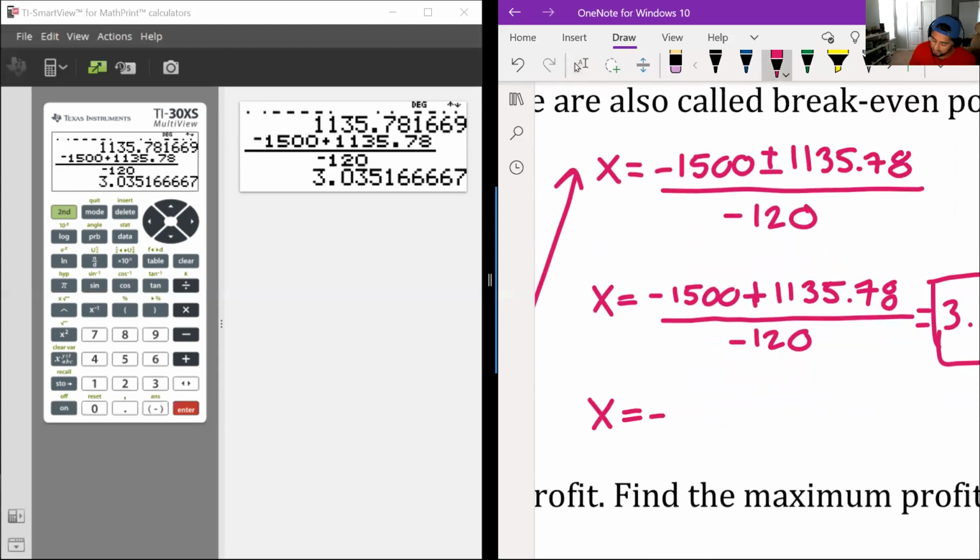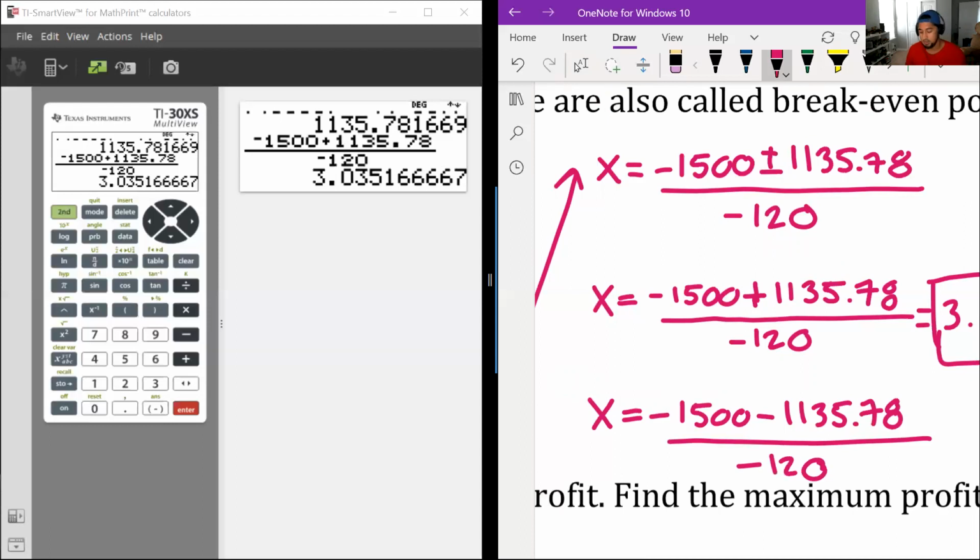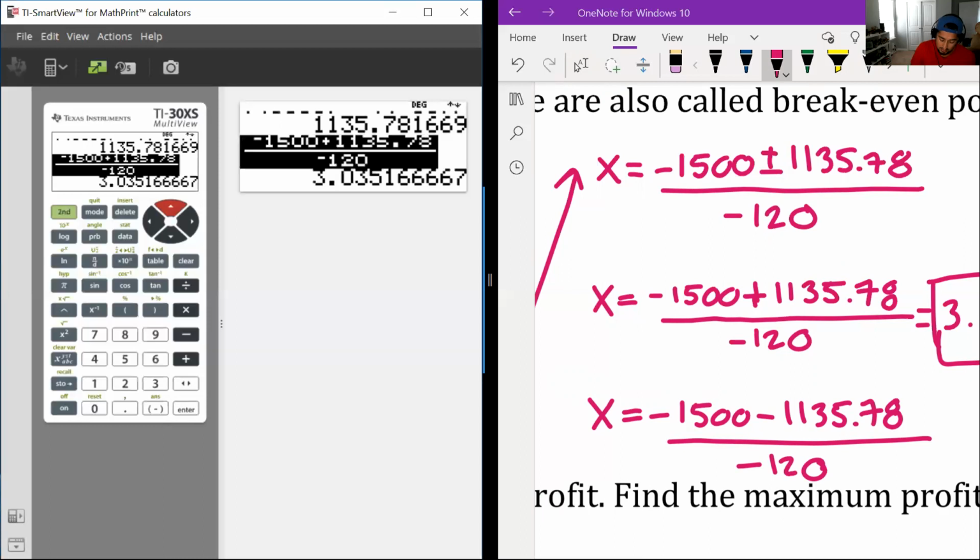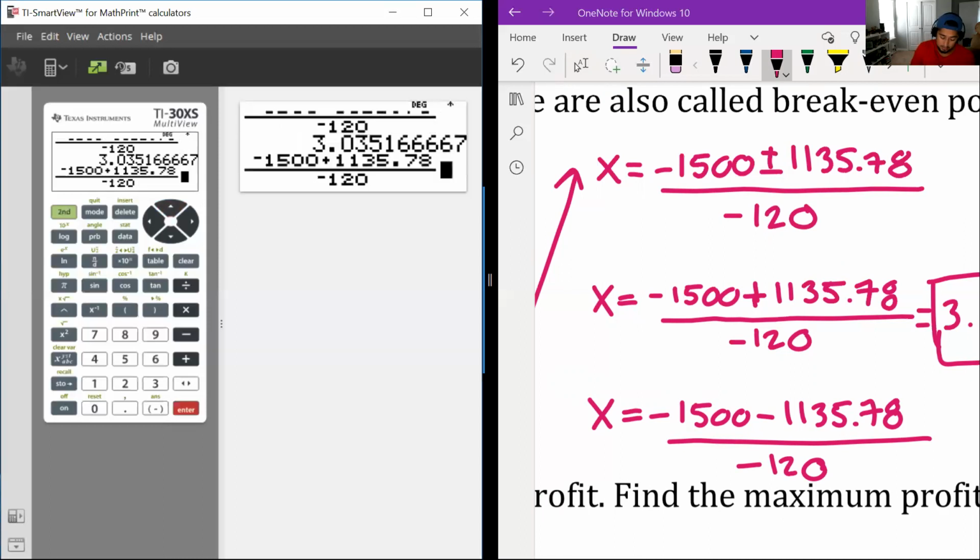X equals negative 1500 minus 1135.78 over negative 120. So I'm just going to go back and write the same thing, except I ruined it.